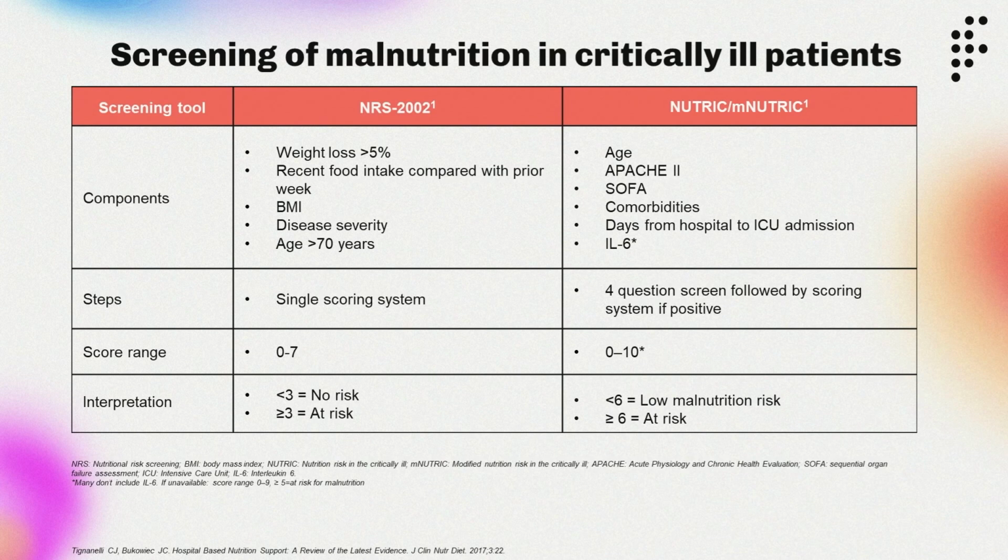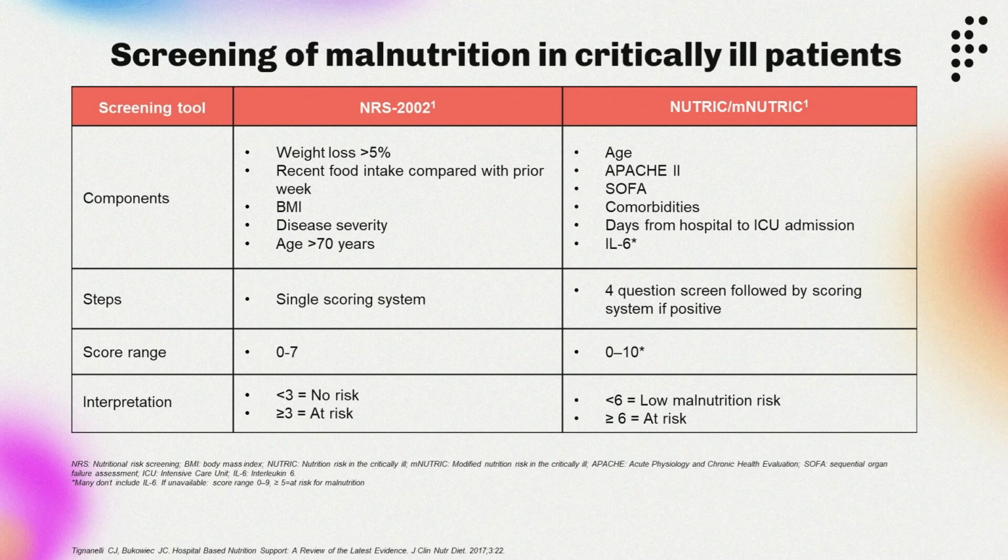The components of NRS are weight loss more than 5%, recent food intake compared with the prior week, BMI, disease severity, and age more than 70 years. NUTRIC includes age, APACHE II, SOFA, comorbidities, days from hospital to ICU admission, and IL-6. NRS is a single scoring system, and NUTRIC is a 4-question screen followed by a scoring system if positive.